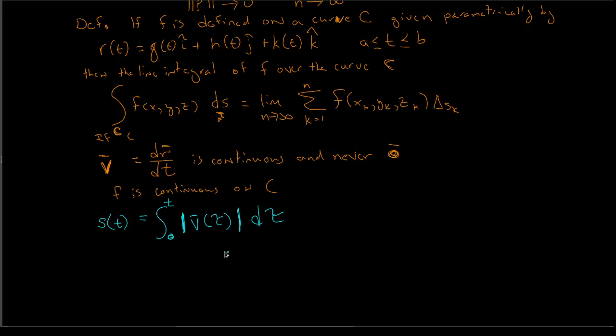We're doing a parameter switch here, and that should be a to t, not 0 to t.